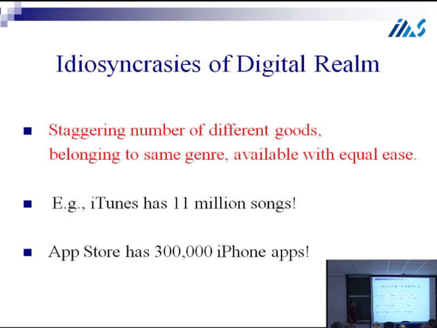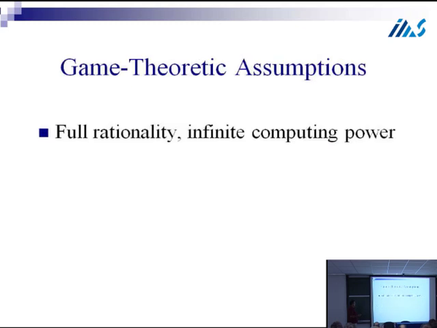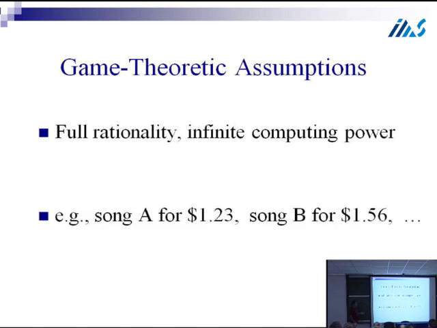Now, if that is the case, then, sorry for saying this at the rationality center, but full rationality and infinite computing power go out of the window. You simply cannot price songs individually and expect somebody to go through this 11 million long list of A for 123, B for 156, C for 356, and say what is the best song, which song gives them the best utility per dollar, and pick that song.